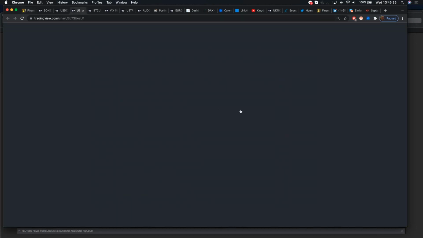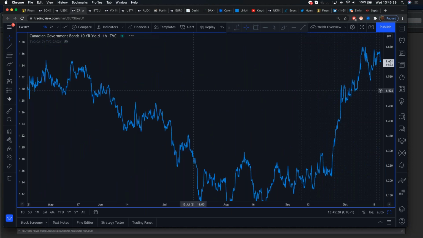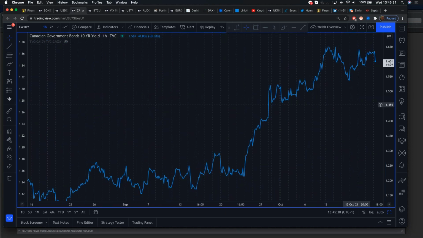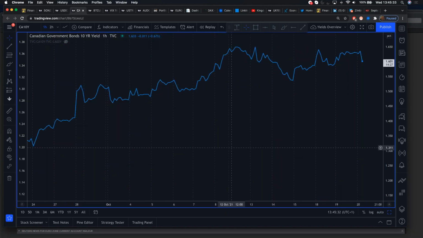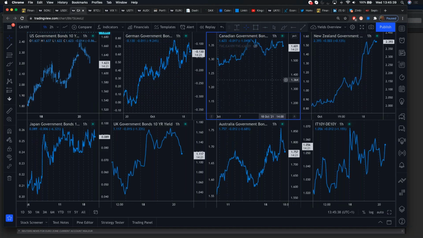So if we look at Canada yields, you can see that yields are moving lower across the board today, and yields are still pressured to the downside. So there isn't a major yield impact from that data print. All it does is tell us that, yeah, inflation's higher, but that's pretty much as expected.